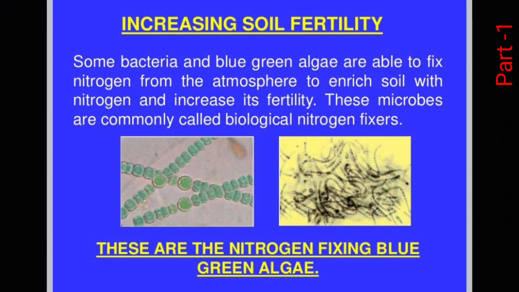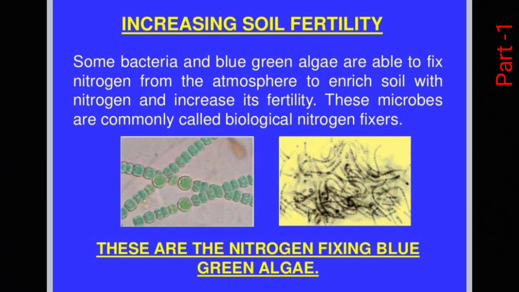Next is how microorganisms increase soil fertility. So what do you mean by soil fertility? Soil fertility means an increase in the content of useful nutrients and mineral ions in the soil. So how is its fertility increased?